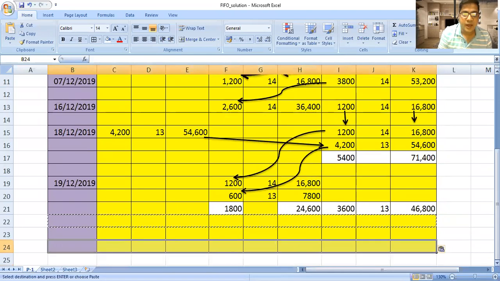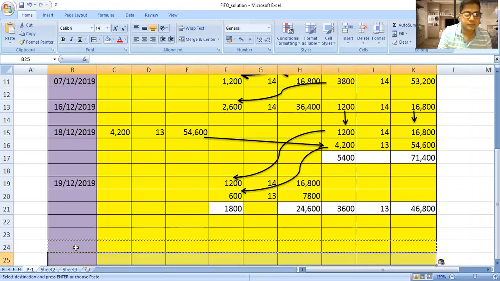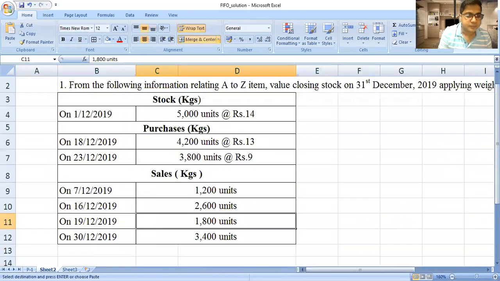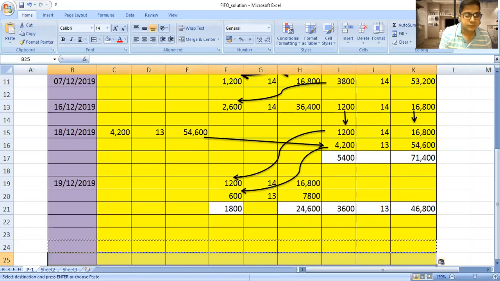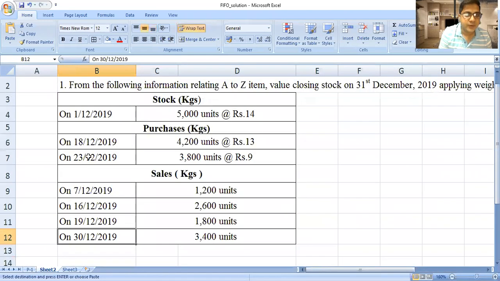Then after that, which one is the next date? After 19th, not 30th December, 23rd December is the next date.